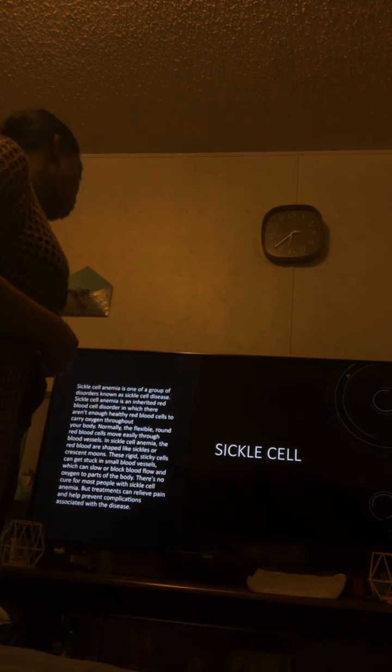Okay, so let's discuss what sickle cell is. It says sickle cell anemia is one of a group of disorders known as sickle cell disease. Sickle cell anemia is an inherited red blood cell disorder in which there aren't enough healthy red blood cells to carry oxygen throughout your body.